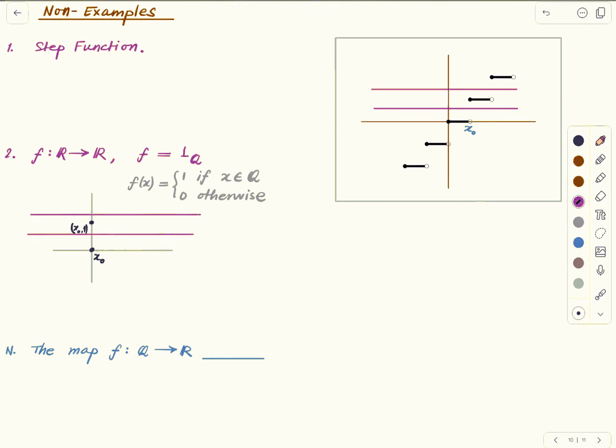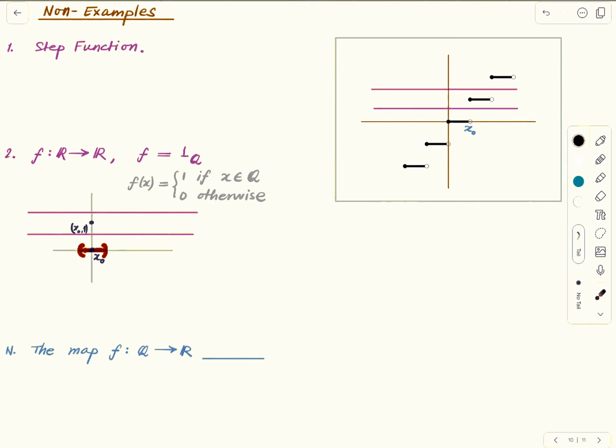Again, no matter what positive delta you choose, some points in the graph of f restricted to this delta neighborhood stay outside of this epsilon band. Because in every delta neighborhood, there will be some irrational number sitting inside. And on irrational numbers, the function takes the value 0.